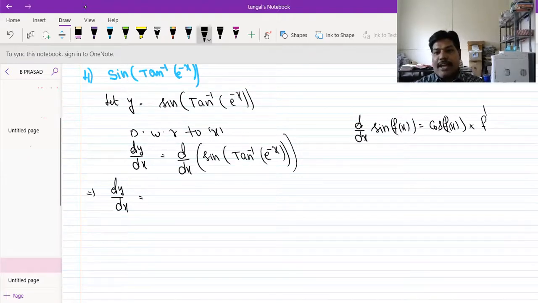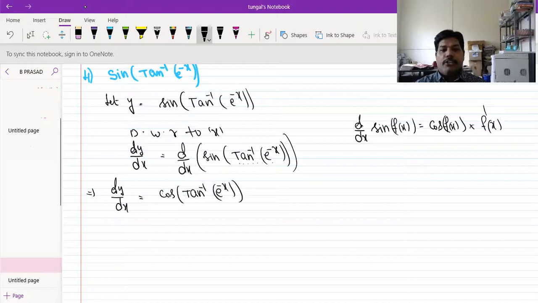Here, all these terms are f of x, in the form sine f of x. So it becomes cos of tan inverse of e power minus x into f dash of x, meaning the derivative of tan inverse of e power minus x.